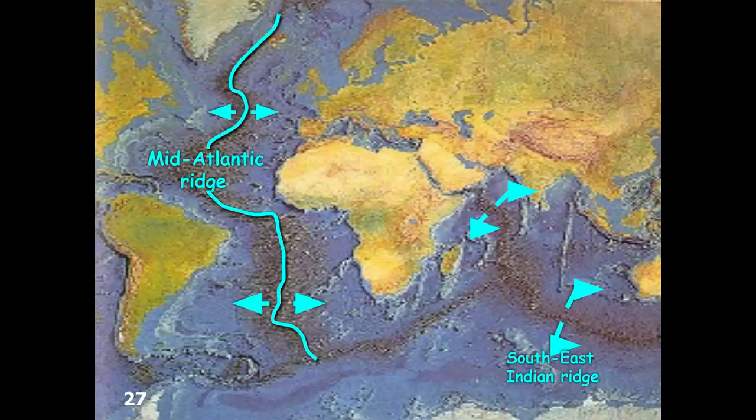Here is a slide, again, showing the present configuration of the continents. Throughout the discussion of interaction between the different types of plate boundaries, I'm going to give you geographical locations that show the type of landform that formed as a result of that interaction.